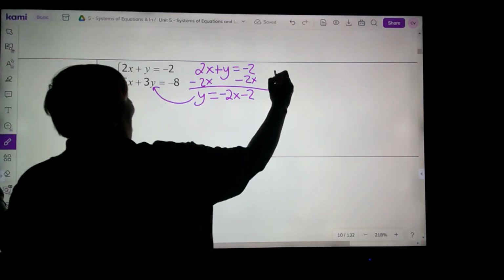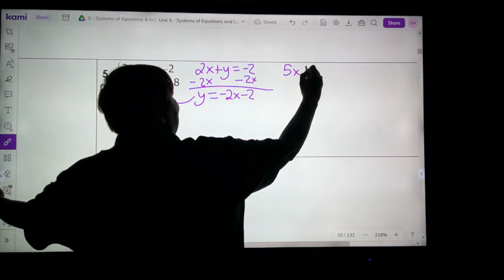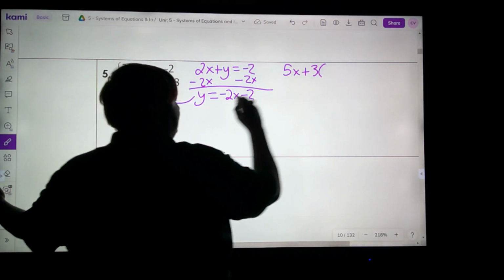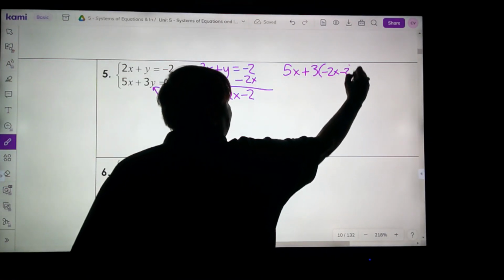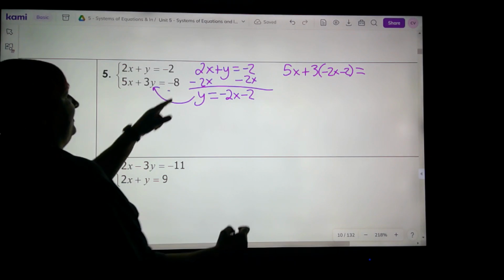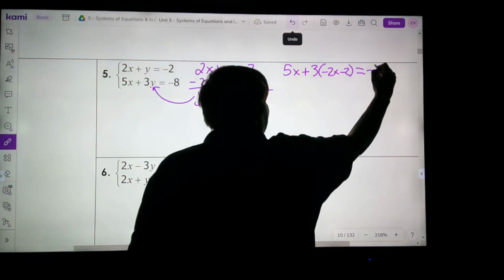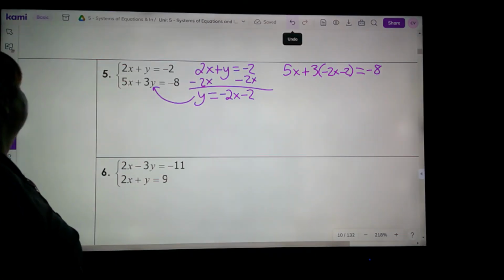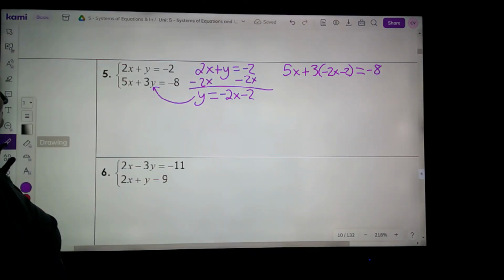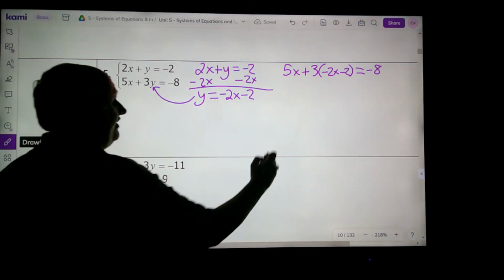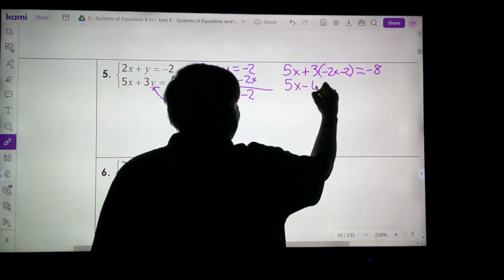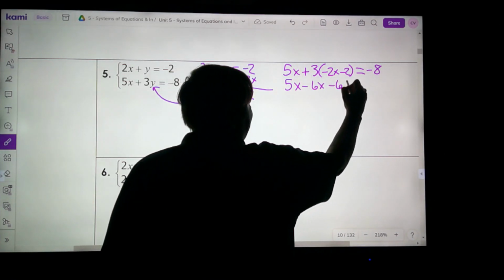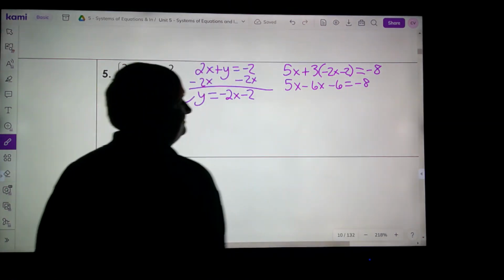Okay, so 5x plus 3y, which is -2x minus 2, equals negative 8. Now I just solve for x. Distribute. Negative 6x, negative 6 equals negative 8.